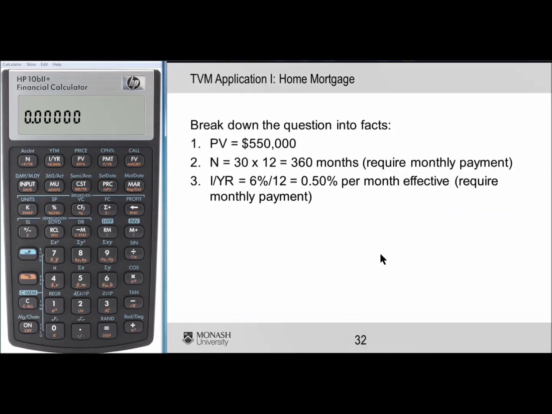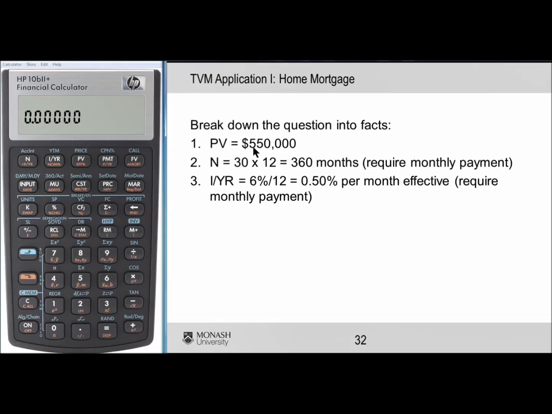So before we go further, with the information given, we are able to determine the variables. The purchase price was 550,000. And by requiring 100% financing, you will be obtaining the full 550,000 from your bank at the beginning to settle the purchase of the house. That is the present value.